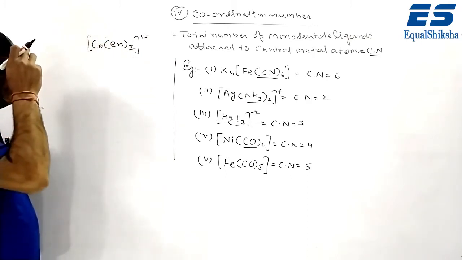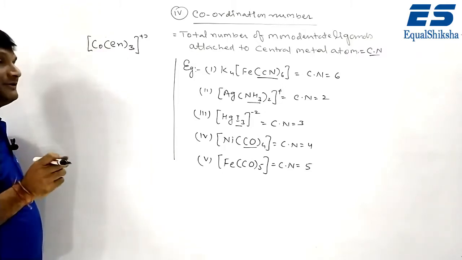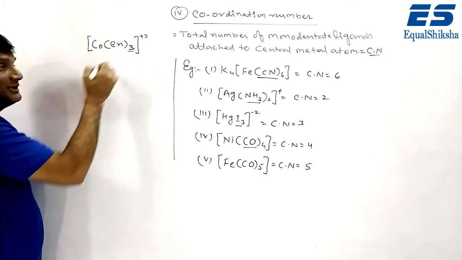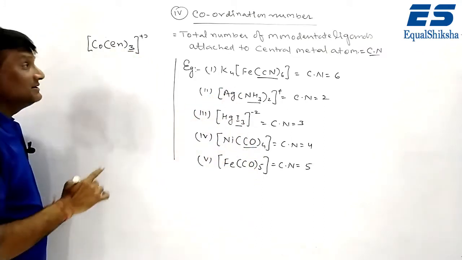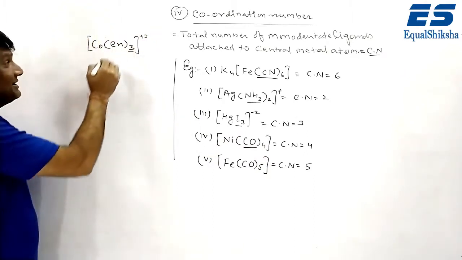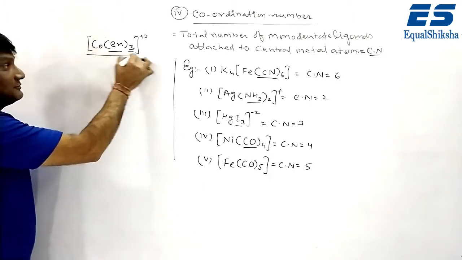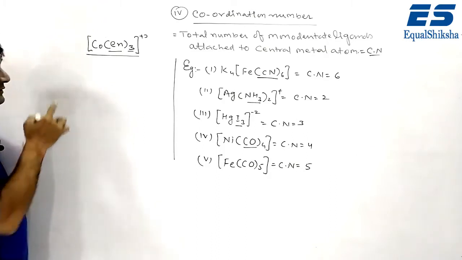We have discussed in previous classes that en is called ethane-1,2-diamine or ethylene diamine. It's a bidentate ligand. Its total number is 3. According to the earlier rule, coordination number should be 3. But en is a bidentate ligand. So how can we calculate the exact coordination number for this compound?